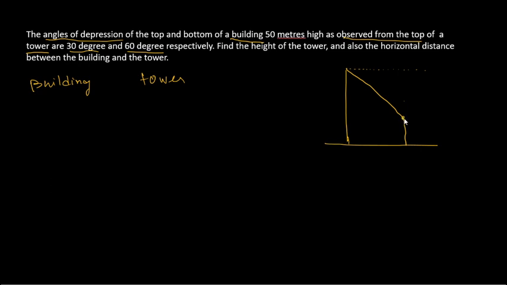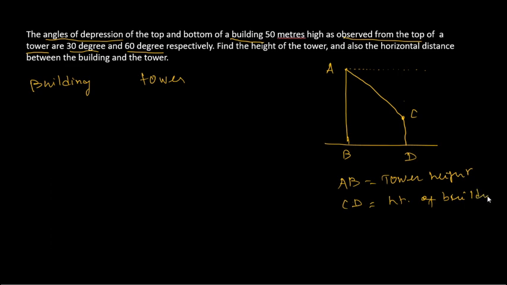So this is the tower and this is, let me say, A, B, C, D. AB is the tower. First, you can draw some rough diagram. AB is the height of the tower. And then building. So CD is the height of the building.